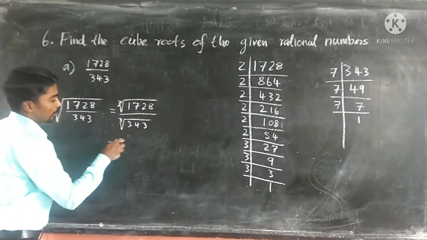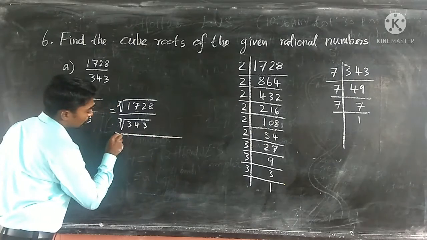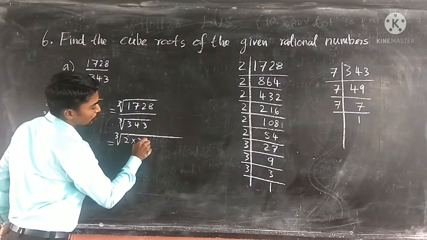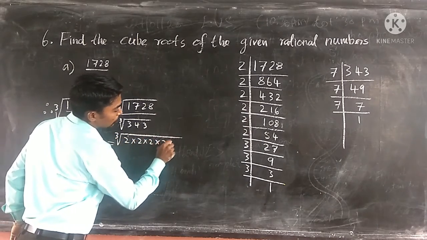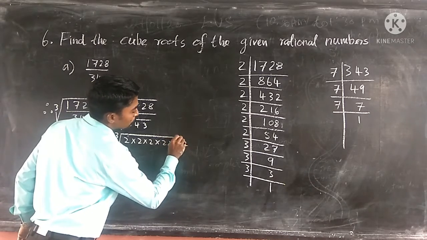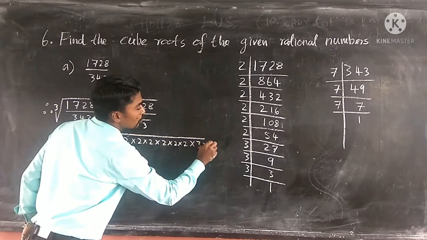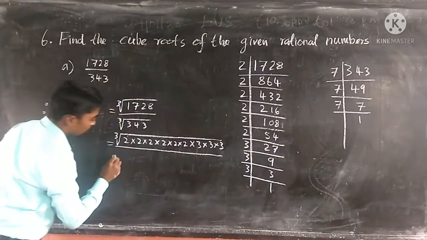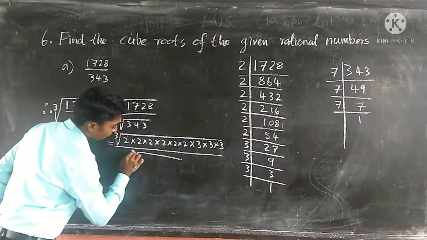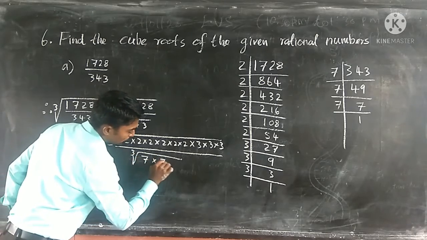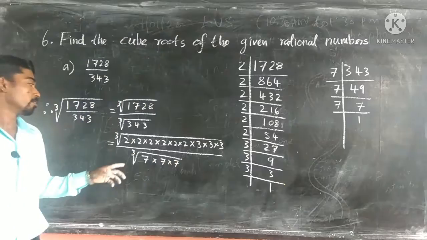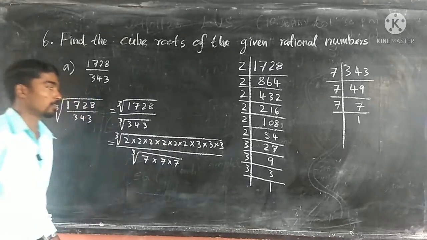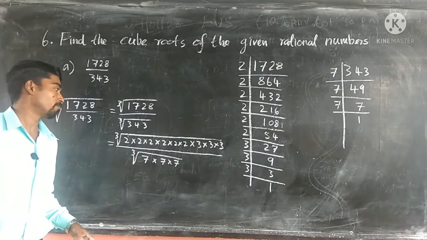Now we can write the factors. Cube root of 2 into 2 into 2 into 2 into 2 into 2 into 3 into 3 into 3 divided by cube root of 7 into 7 into 7. If you observe these factors, each factor appears in a group of 3.